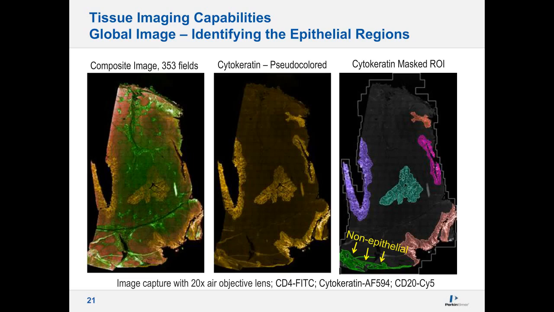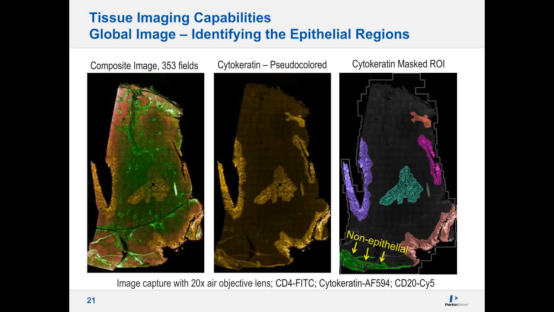And as you can see at the bottom here, we have identified non-epithelial cells that seem to be an artifact present in the tissue sample, which is not uncommon for tissue preps. And we're able to identify the cytokeratin positive areas in here.